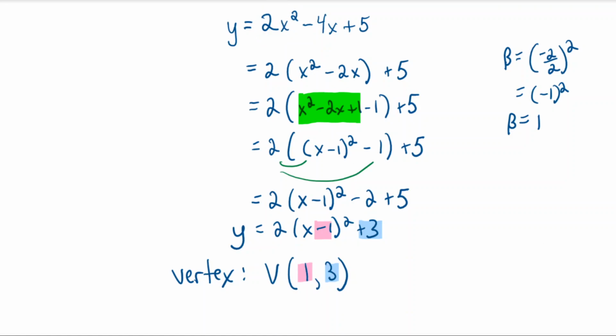So my vertex is up here, and it's concave up. So we're not going to have any x-intercepts, so we can't use that to help guide our drawing. We could find our y-intercept still, and as you can see in our original equation, we see the 5, so our y-intercept is going to be 5.